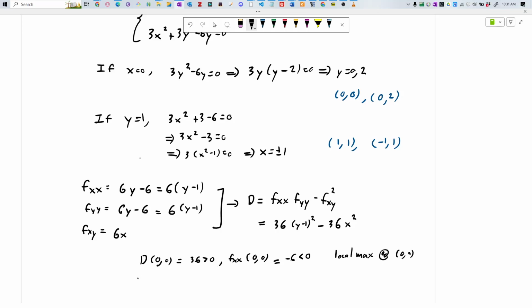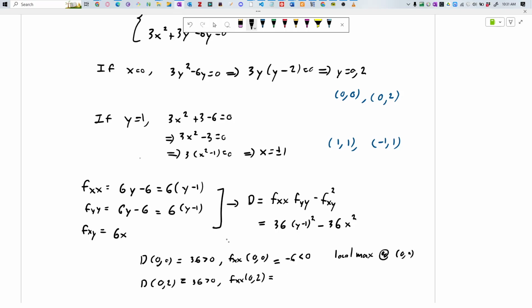At 0, 0. Plug in 0, 2. Let's see what we get. So we get 36 again, I think. Yeah, we get 36 again. fxx at 0, 2.